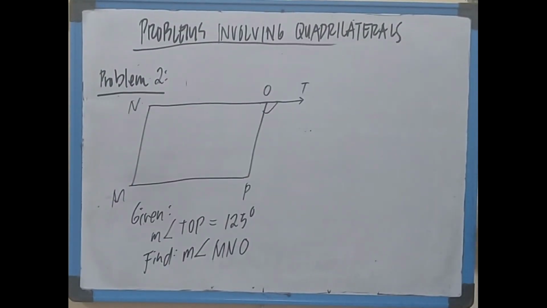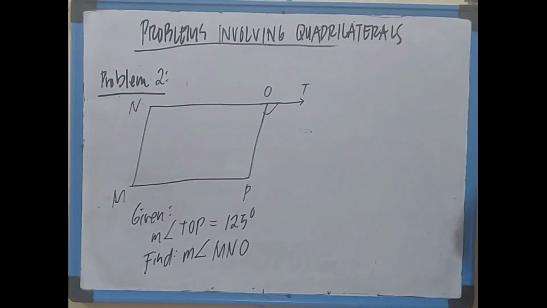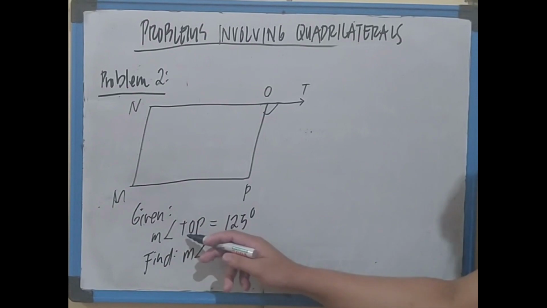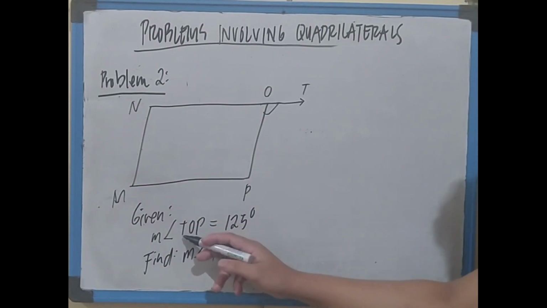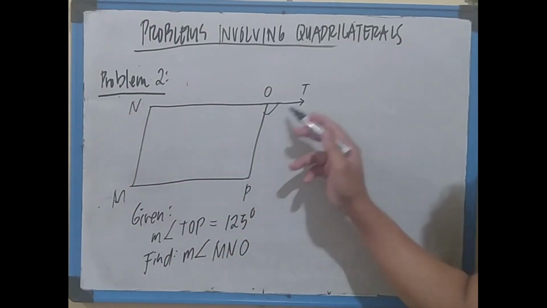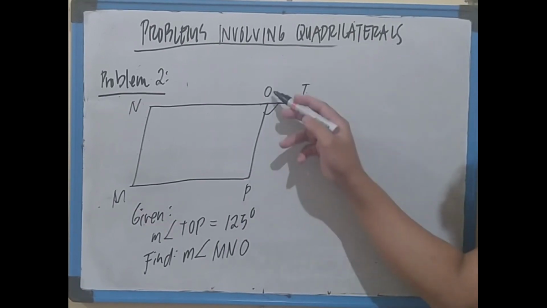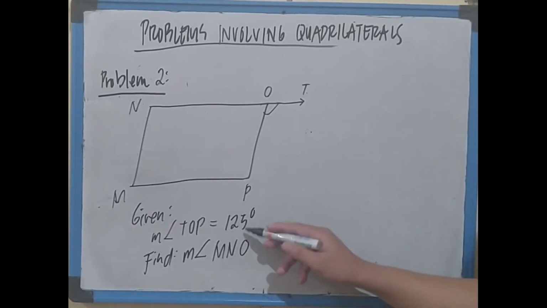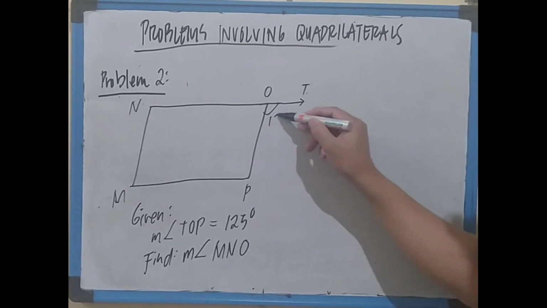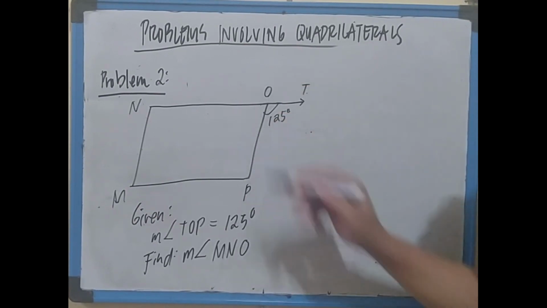Okay, number 2 problem guys. Ito may figure tayo, no? Pero the only given is the measure of the angle TOP. Okay, so meaning angle O ito, pero nasa labas. So TOP. So that only means guys, ang 125 degrees ay nasa labas ng isang quadrilateral or parallelogram.